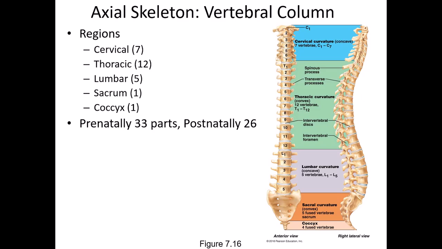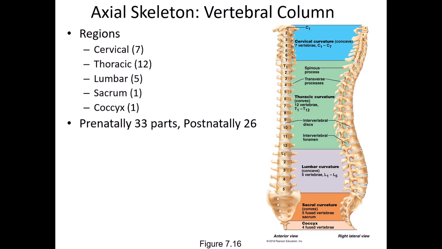Some textbooks cite 33 parts for the number of vertebrae that we have in our vertebral column. And I like to think of that 33 number actually as a prenatal number of vertebrae, whereas 26 would be a postnatal number of vertebrae. And so you can interpret those zoological roots and understand what I mean. Prenatally, before we're born, postnatally, after we're born.